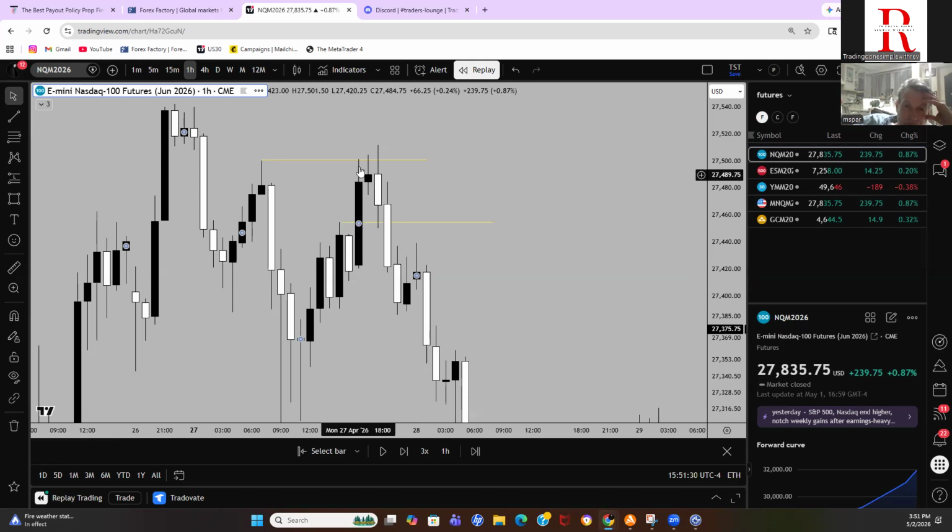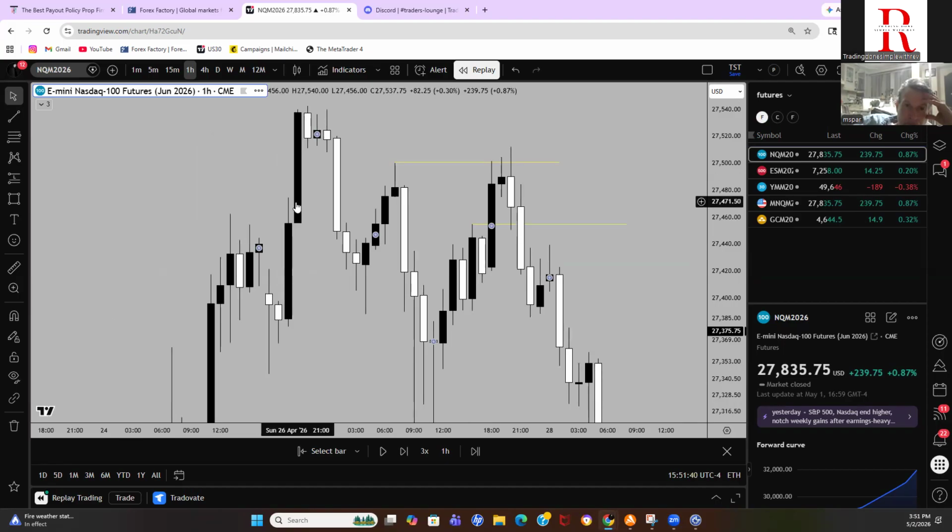This is called a run on liquidity versus a sweep where it's just leaving the wick. And this one too is a clear run: this whole candle closes above, accumulates, and then they come back in.